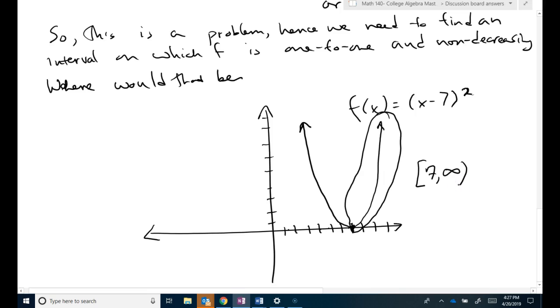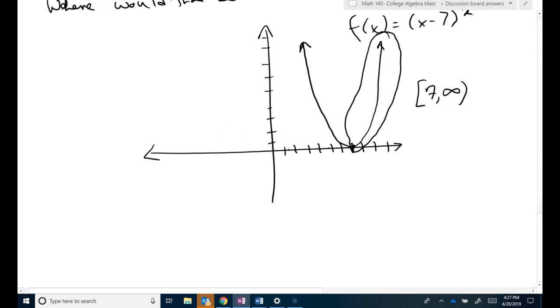And if we do that, what we're going to end up with is a non-decreasing interval. The basic way to think about this is where the vertex lies will define a non-decreasing interval, or if it's upside down, it'll be non-increasing.